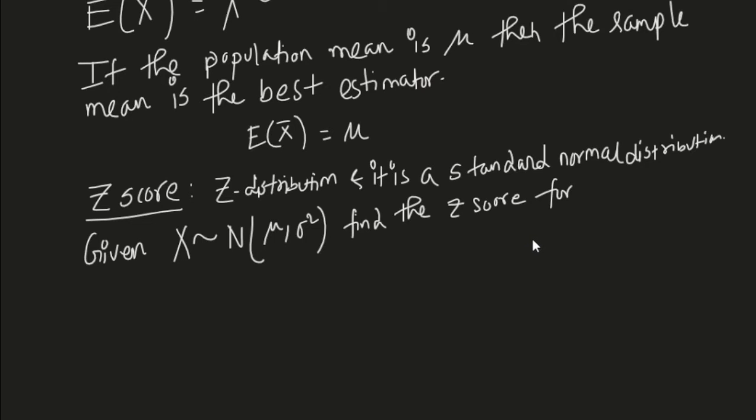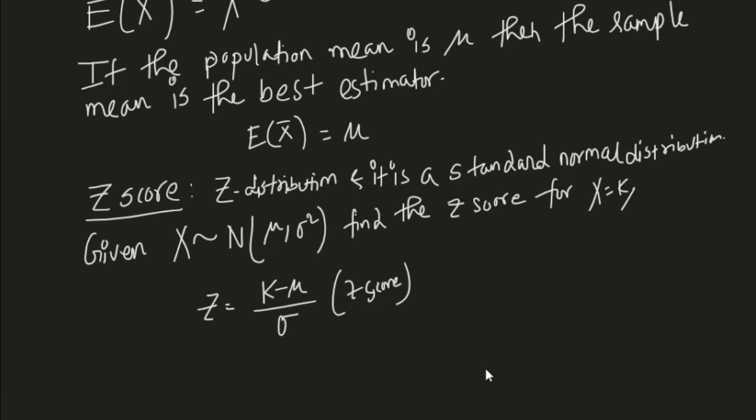If you are asked to find the Z score for x equals k, then the Z score for x equals k would be k minus mu by sigma. This is the Z score.